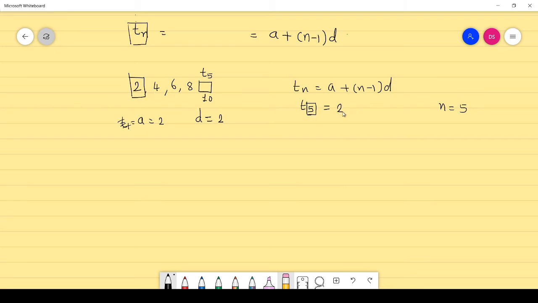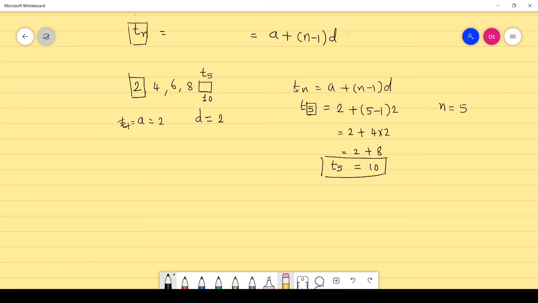I am going to place the value of a equal to 2 in bracket. Now n minus 1, that means 5 minus 1, into d, and d here is 2. So that is 2 plus 5 minus 1, that is 4, into 2. So that is 2 plus 4 into 2, that is 8. 2 plus 8, is it 10? Yes, we got the value of T5 as 10.